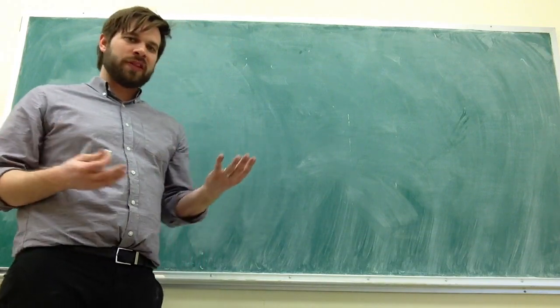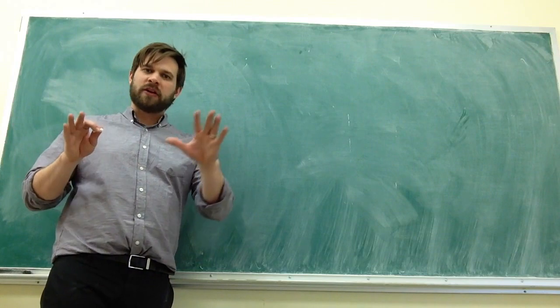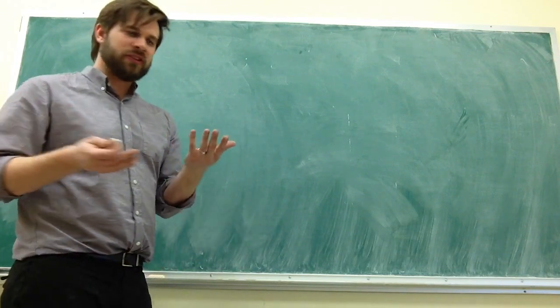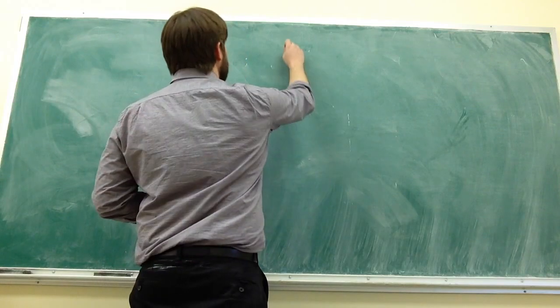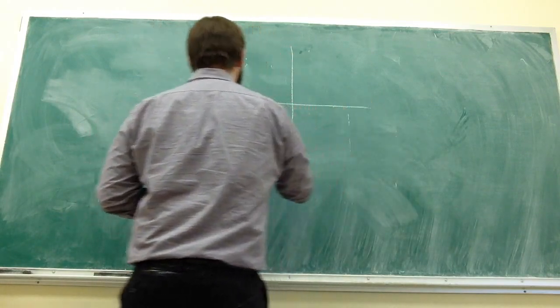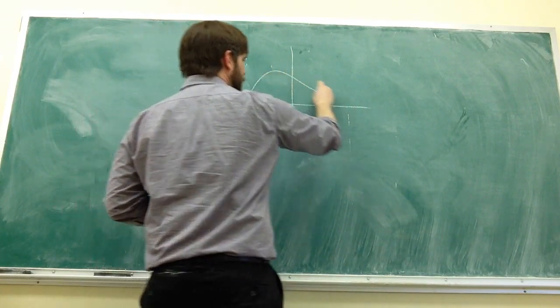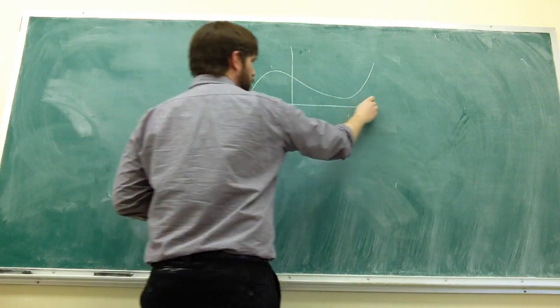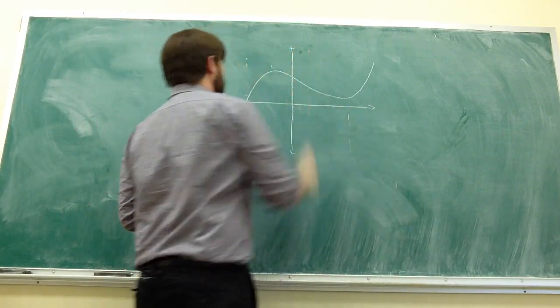One such tool is what's called the intermediate value theorem, and I'm going to draw a picture that illustrates what's going on because it makes some intuitive sense. So if we have a polynomial, and it doesn't matter what it looks like.